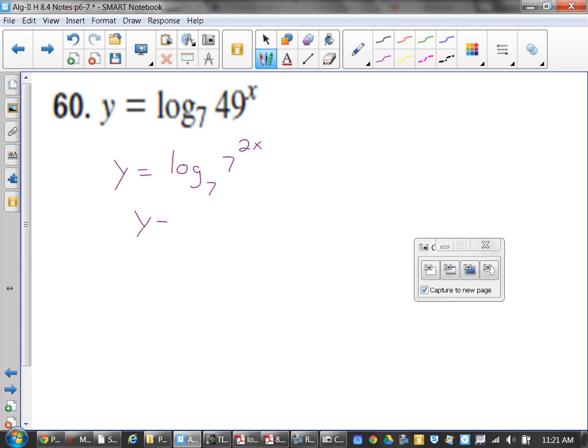So y equals 2x, and when you flip-flop them around, x equals 2y, so it's 1/2 x. That's a trick question, because you can simplify the log prior to going, so the log doesn't really matter.